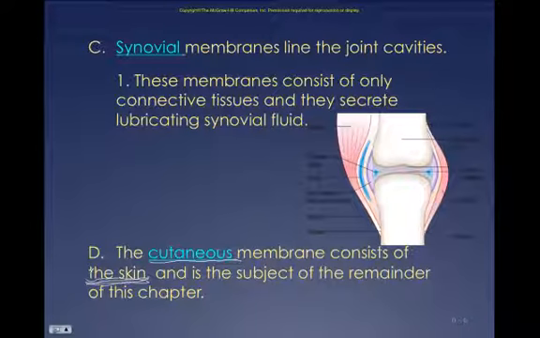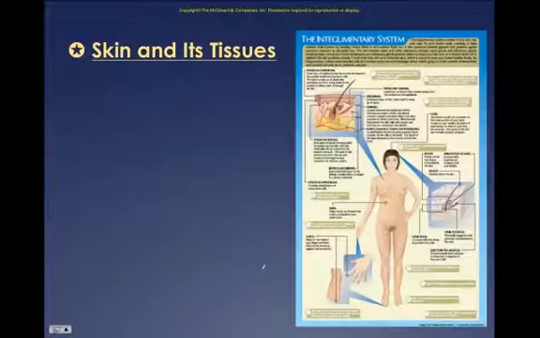And so those are the four types of membranes: serous membranes, mucous membranes, synovial membranes, and cutaneous membranes. Now we're going to spend the rest of this lecture talking about cutaneous membranes.